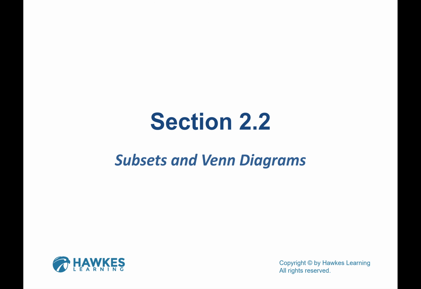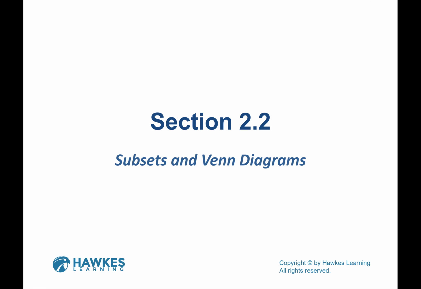So in 2.2, we're still working with sets. Okay, so we're still using that information we've talked about in the last section. But two big things. We're going to talk about what it means to be a subset of a set. And then we're also going to start looking at using these things called Venn diagrams. You've probably seen those before.